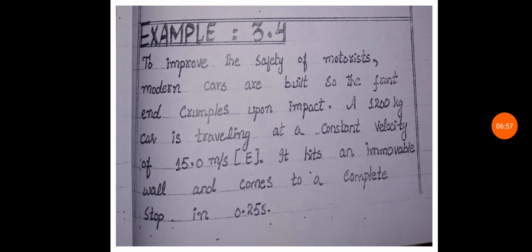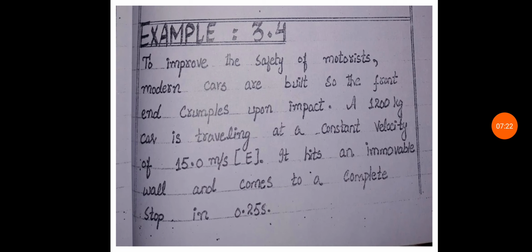Example 3.4. To improve the safety of motorists, modern cars are built so the front end crumples upon impact. A 1200 kilogram car is traveling at a constant velocity of 15.0 meter per second east.